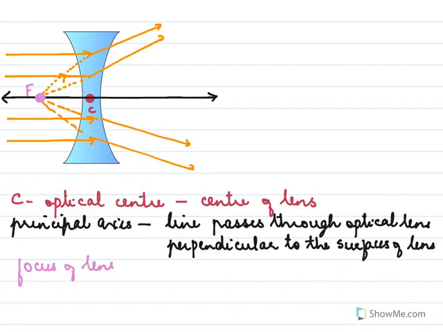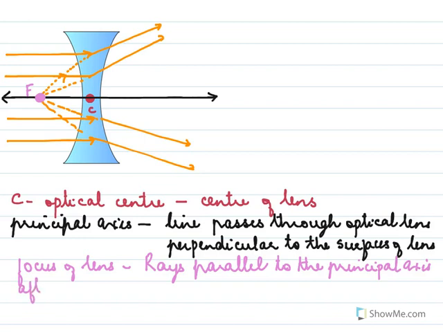So we define the focus of the lens as follows: rays parallel to the principal axis, after refraction, diverge.